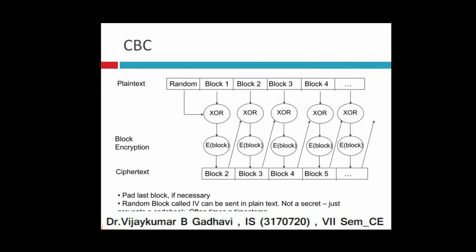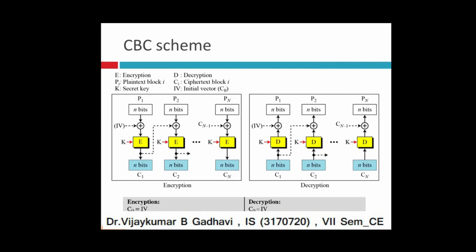The random block called IV, the initial vector, can be sent in plaintext. It is not a secret, just to prevent a code book. Often it is a timestamp. This is a time-bounded activity and a counter is used to calculate the timestamp. This text is also important: not a secret, just to prevent a code book, and often, repeatedly, it uses timestamps.